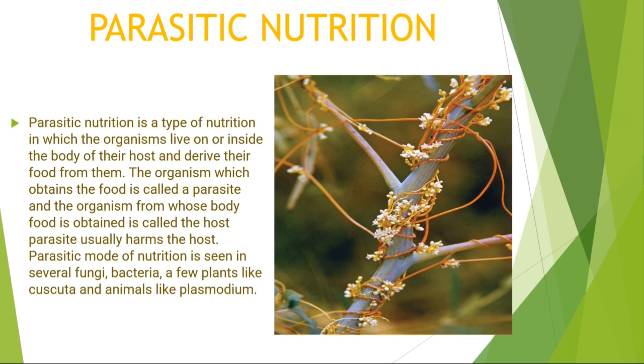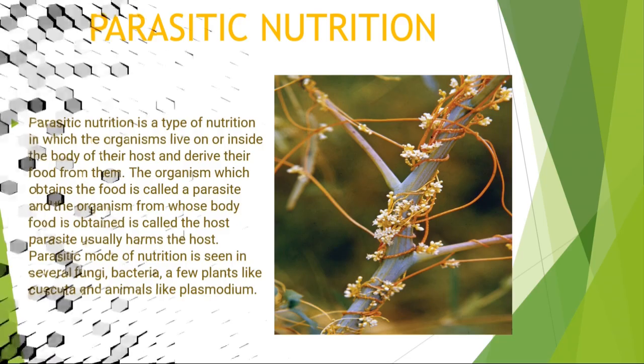The parasitic mode of nutrition is seen in several fungi, bacteria, a few plants like Cuscuta, and animals like Plasmodium. I have discussed parasitic nutrition previously as well, so I hope you have understood it in detail. Let's move to the next slide.